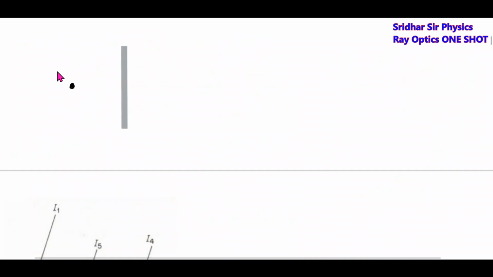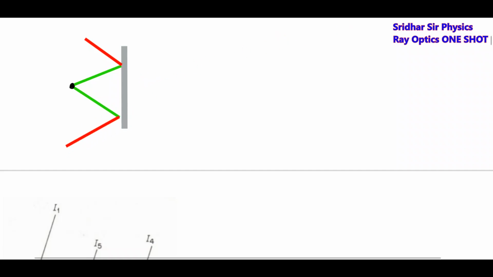Okay, now if this is the object placed here, how to trace out an image here? So here I'll send an incident ray, and it gets reflected. Similarly, I'll send another incident ray, and it will also get reflected by the mirror.